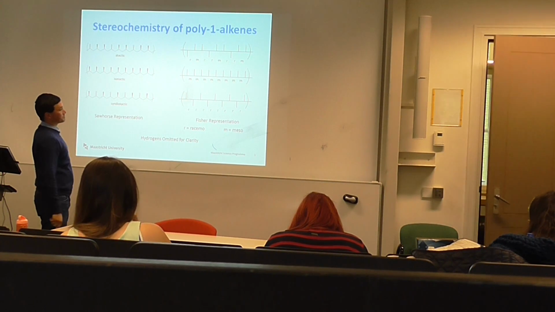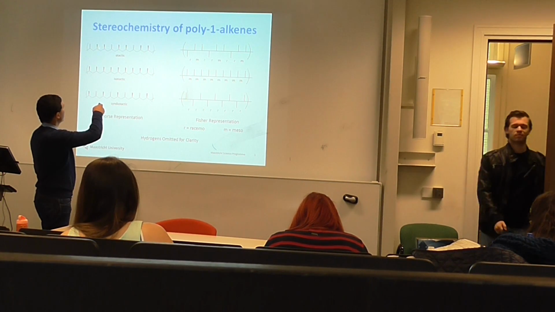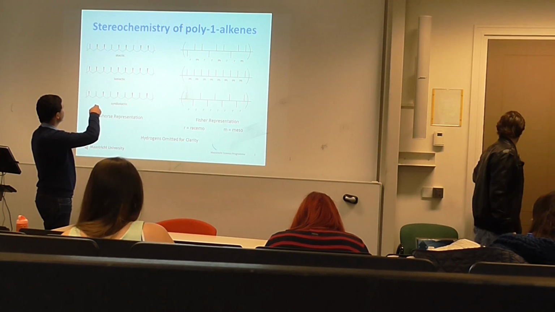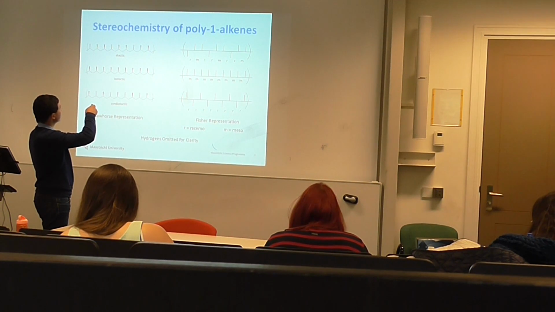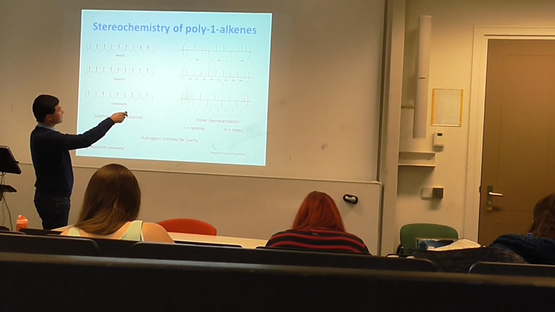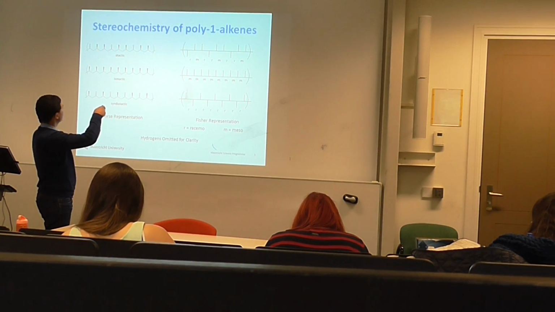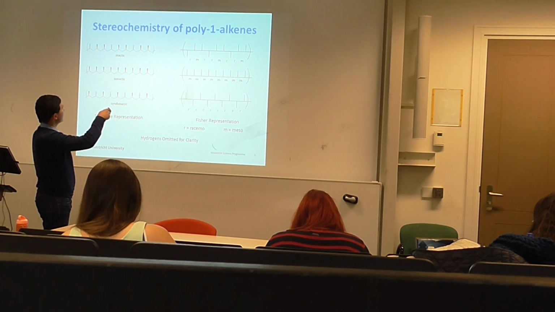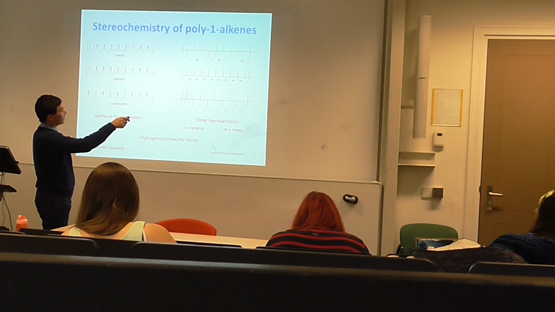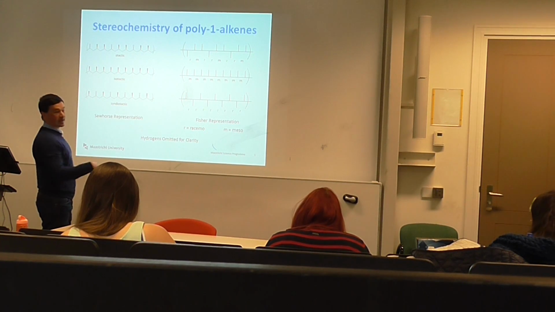So if you look at the atactic here, this one is our reference. This methyl group points in the opposite direction, so it's going to be an R. This one points in the same direction, so it's going to be M. Opposite direction, R, and so on. Okay?